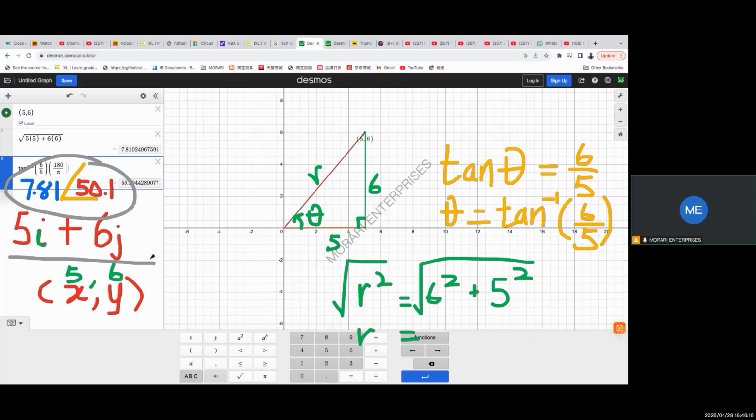So you express its direction in a two directional framework, a 2 dimension framework. The x dimension, 5 steps. The y dimension, 6 steps.